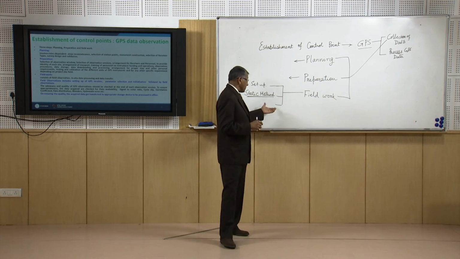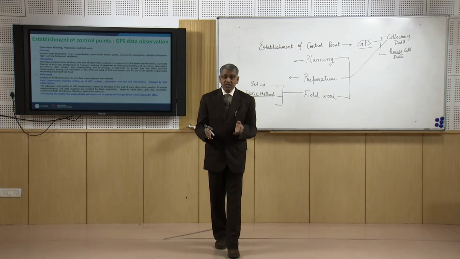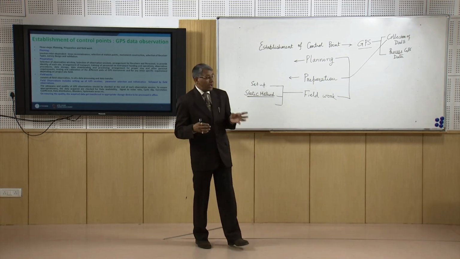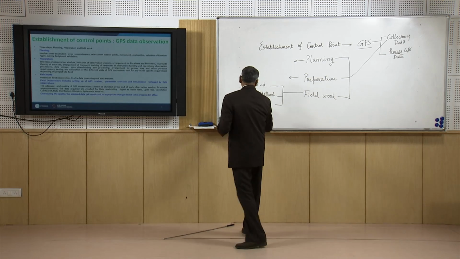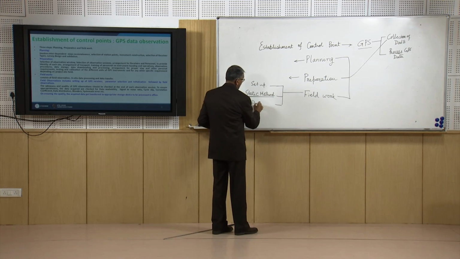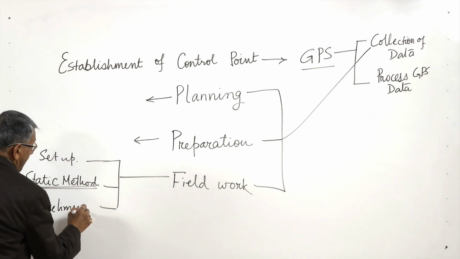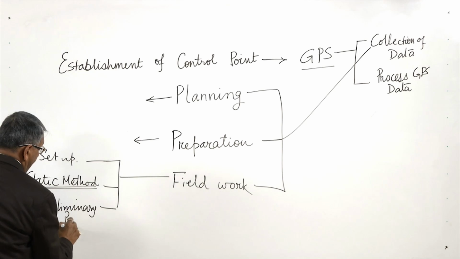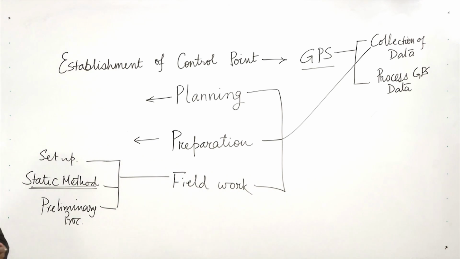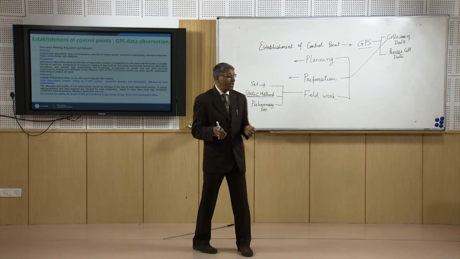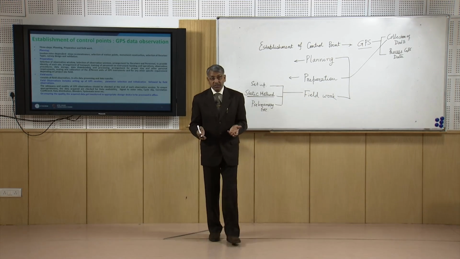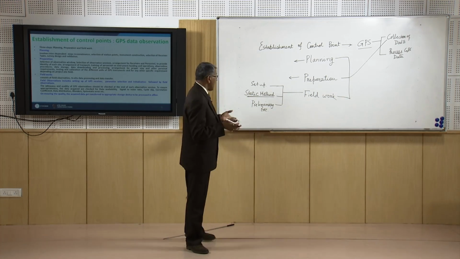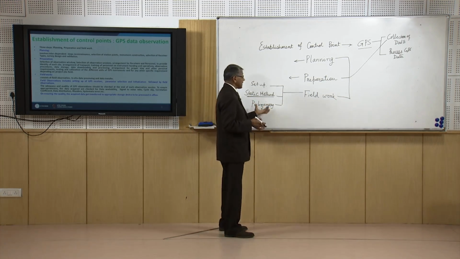If possible, before we leave the station we should do some preliminary processing to find out whether the data observed is of sufficient quality and quantity and will be of use or not.